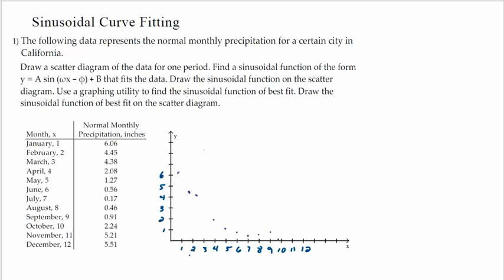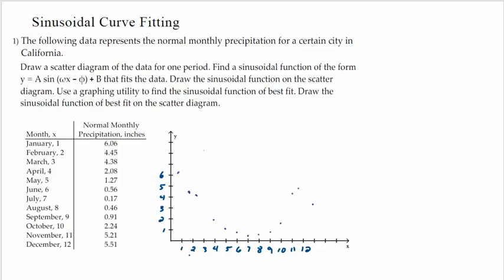Close enough, right? 10 is 2 and a quarter. 11 is 5.21. And 12 is just a little bit above that, 5.5. Okay, so you can kind of see a sine wave pattern here.